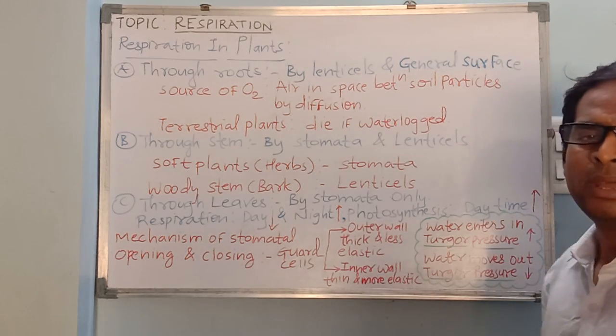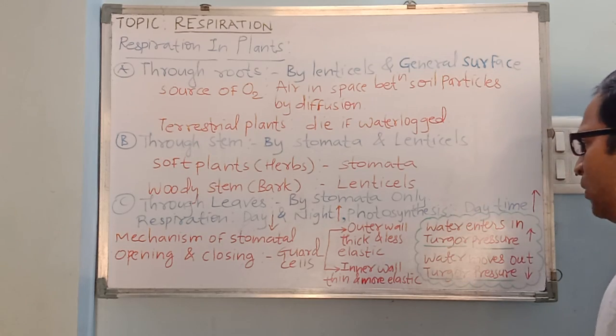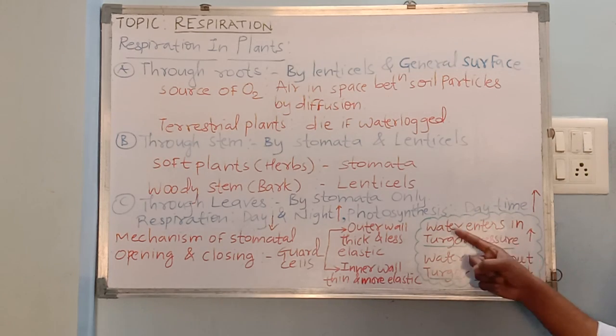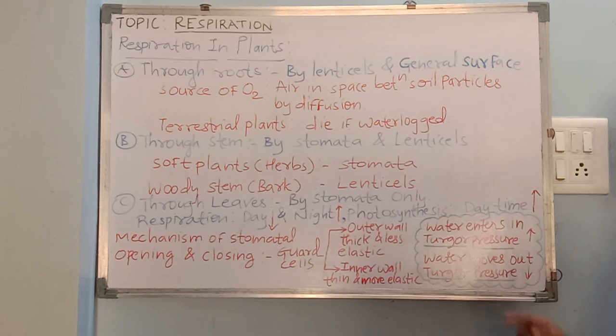So that helps in opening and closing of this stomata. Now what happens here is, when water from surrounding mesophyll cells enters inside these guard cells, then turgor pressure inside these guard cells increases. And when turgor pressure increases, then stomata open.